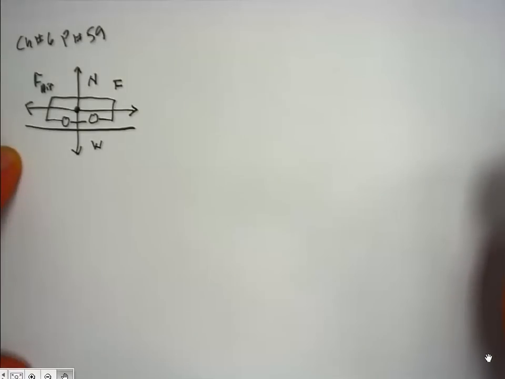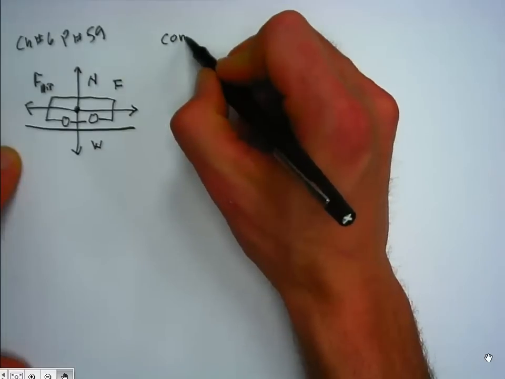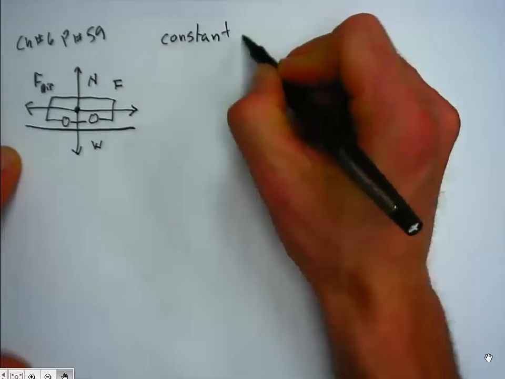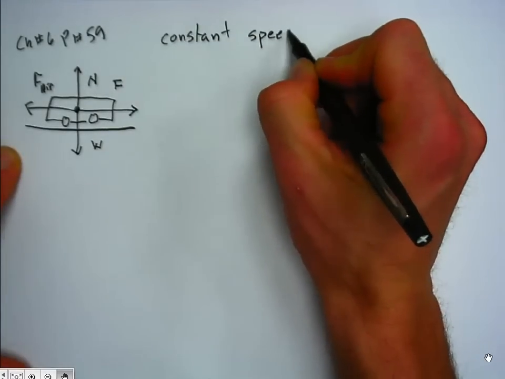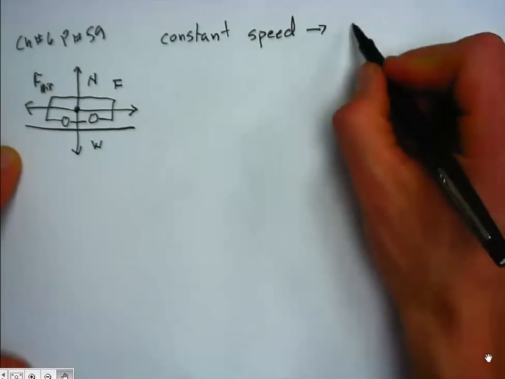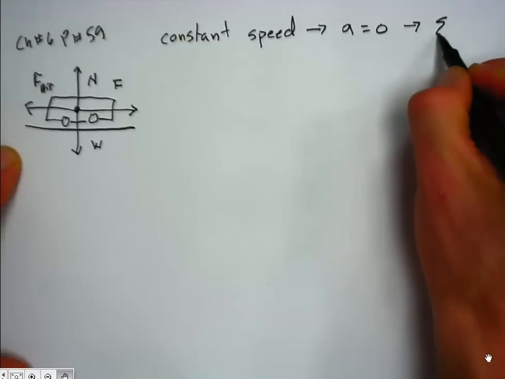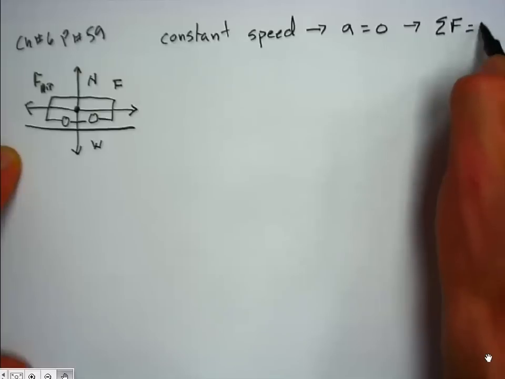What else do we know? We know that the car is traveling at a constant speed, right? And constant speed without changing directions. What does that mean? That means acceleration is zero, right? Which means by Newton's second law that the net force is zero.